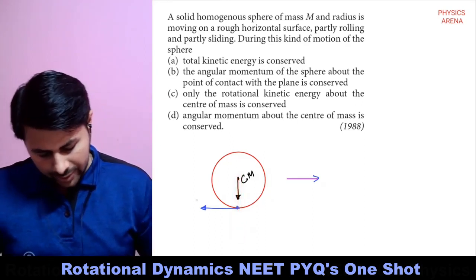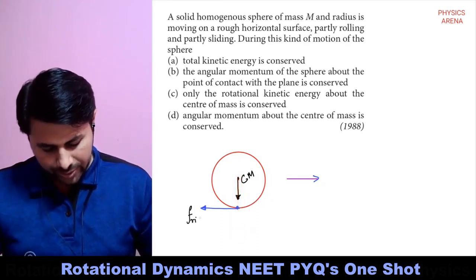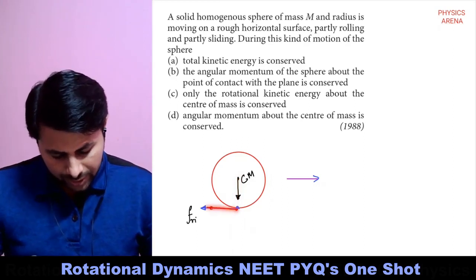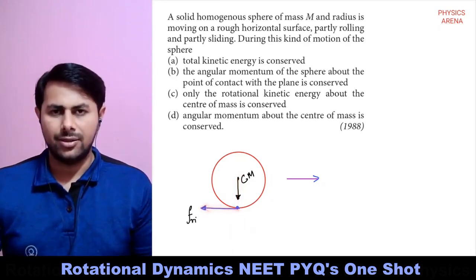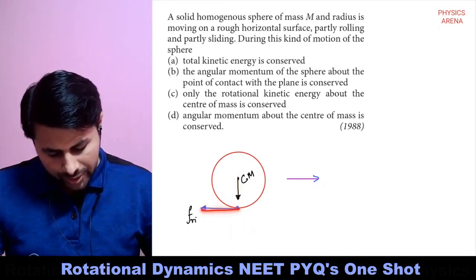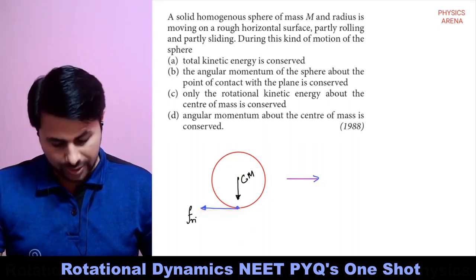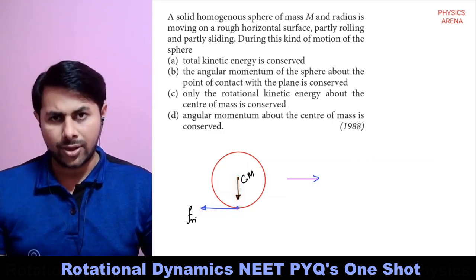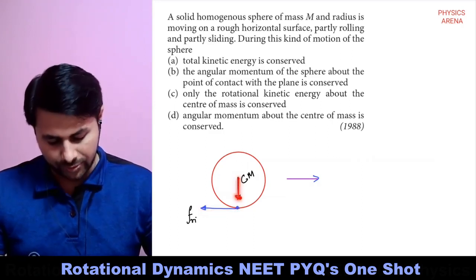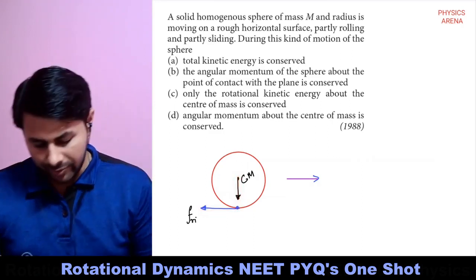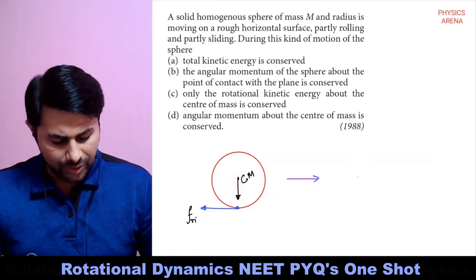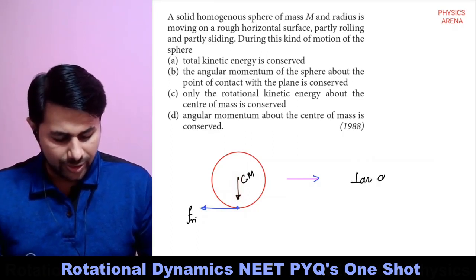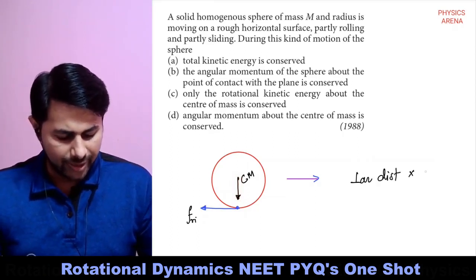And the frictional force also acts like this. So there will be no torque due to the frictional force about this point, and also there will be no torque because of the gravitational force. Why? Torque is equal to what? It is perpendicular distance multiplied by force.